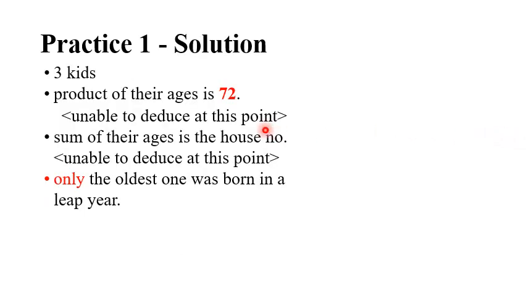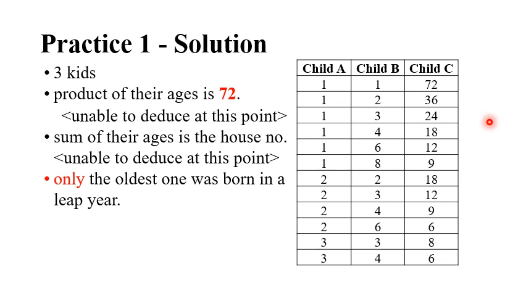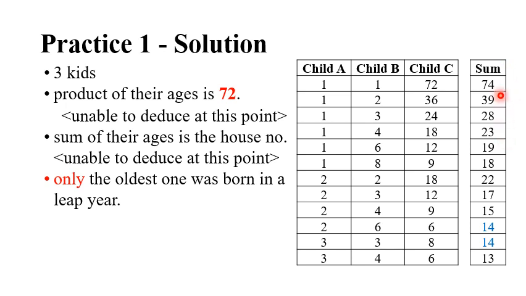Here is the solution to practice 1. On the left-hand side is the information presented. Similar to example 1, we can construct a table of values like this. Work out the sum, and based on the sum, 14, when the sum is given, we are still unable to deduce their ages.